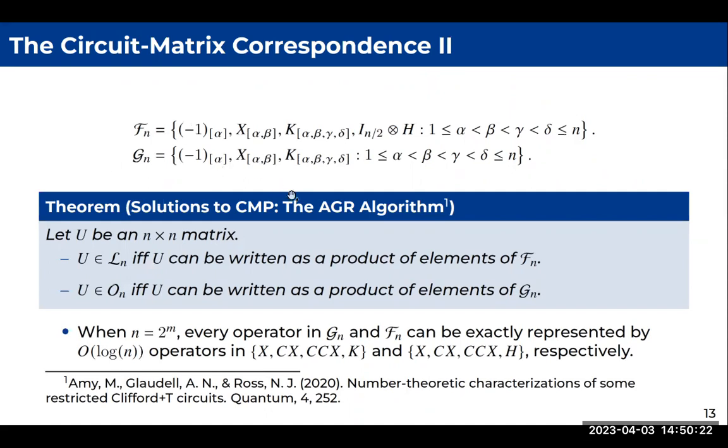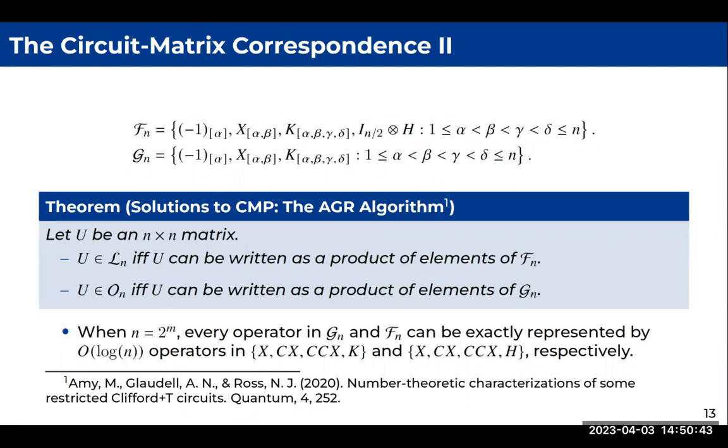So in what follows, I'm going to drop this n over 2 because it will be very clear from context. But the reason we're trying to introduce this Fn and Gn is because they provide a handy notion for us to work directly with the columns in the matrix. It's much more intuitive than working with this tensor of Hadamard or tensor of K-gate.